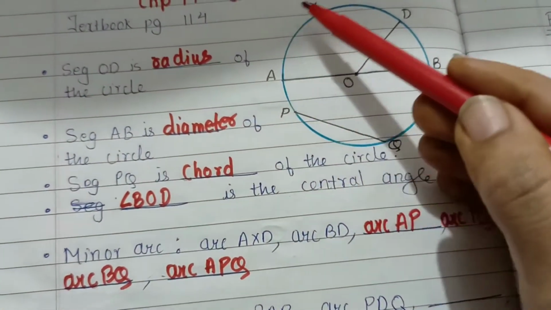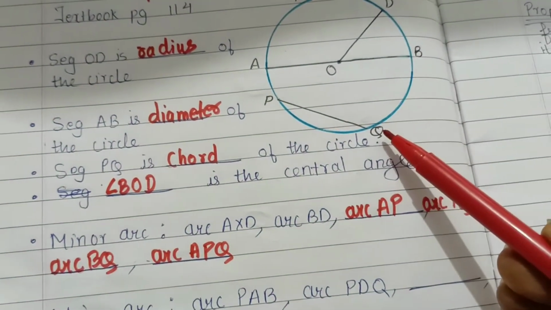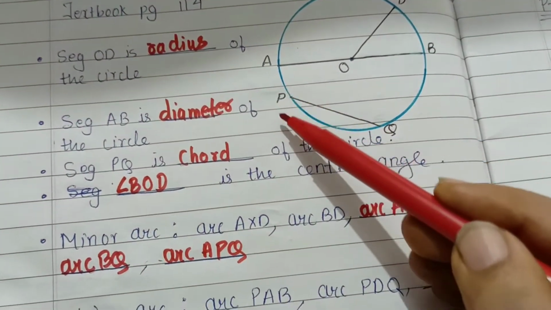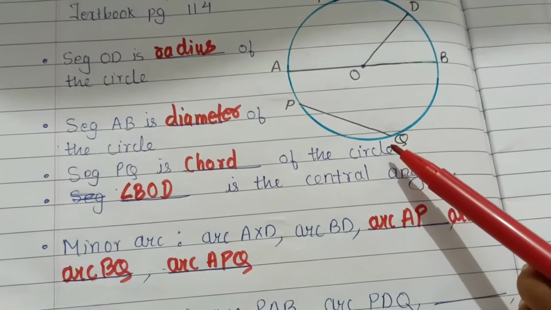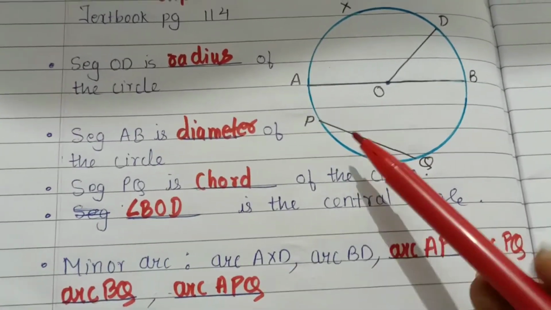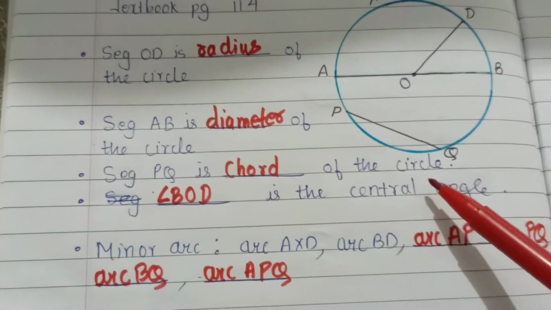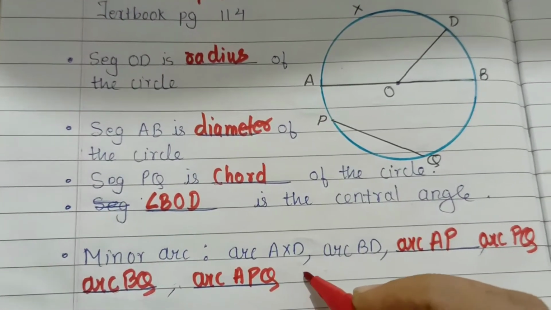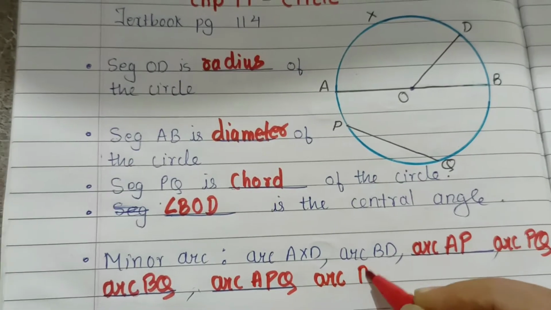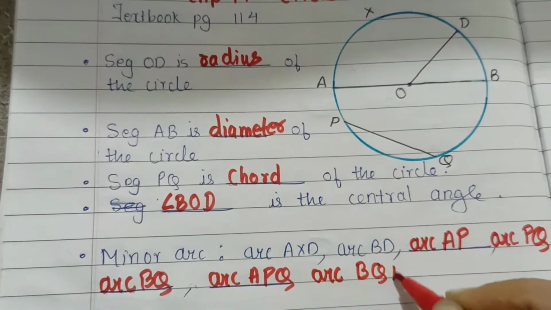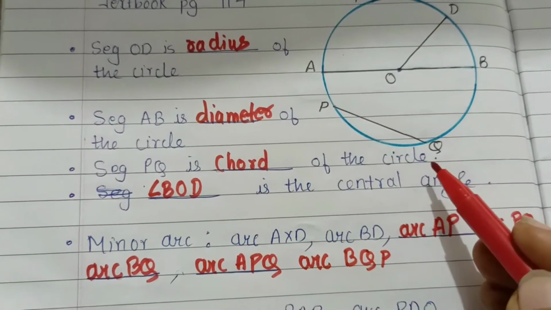If we go in this direction, AQ will be our major arc. If we go in this direction, it will be our minor arc. That is why we have to mention the midpoint, and this is arc APQ. And there is one more minor arc which is formed, that is arc BQP.